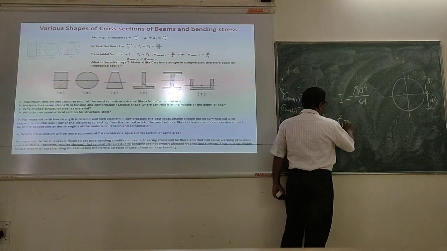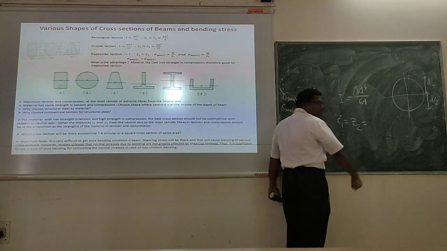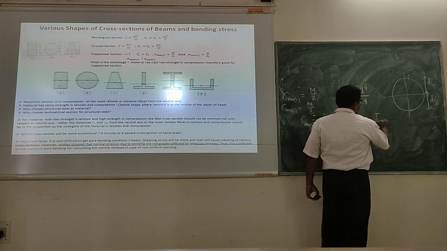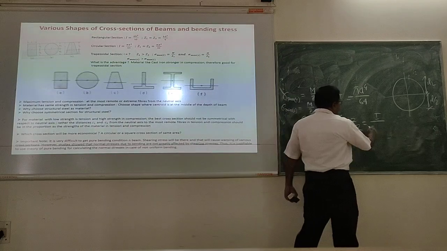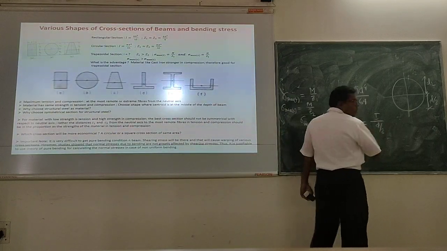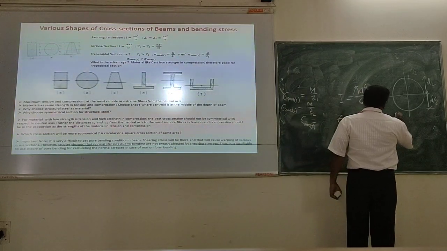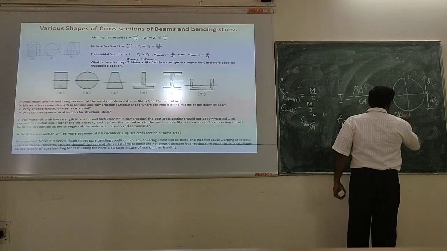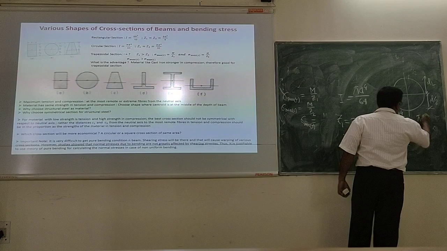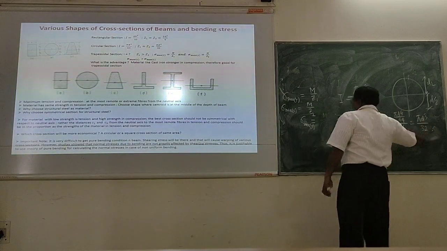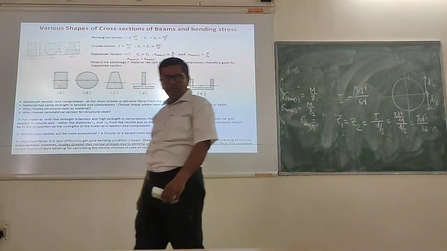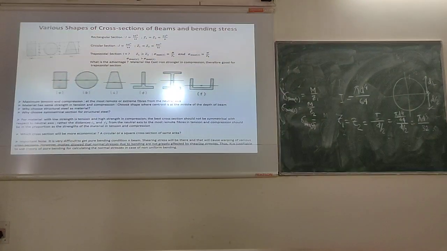That also will be equal, Z1 equal to Z2, equal to I by C1 or I by C2, that is I by d by 2. So it will become pi d to the power 4 by 64 by d by 2, which will give you pi d cube by 32. Okay? Clear? So this is what the section modulus is.